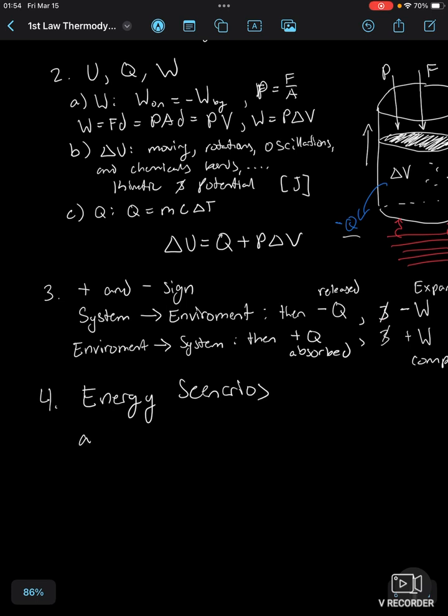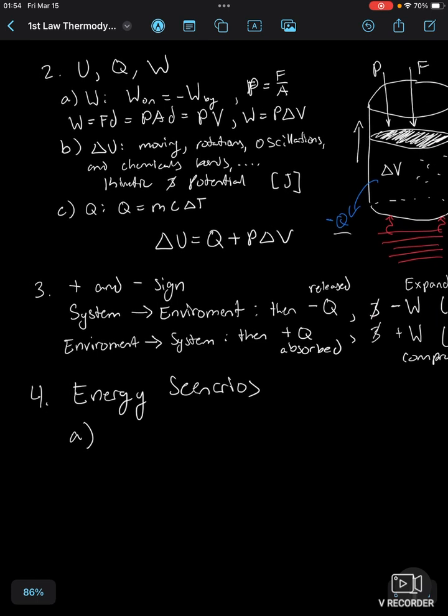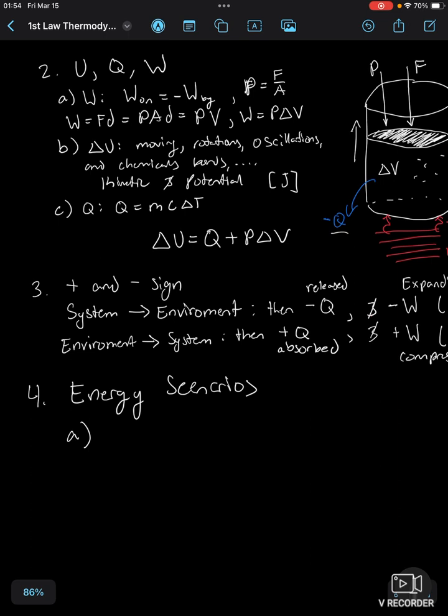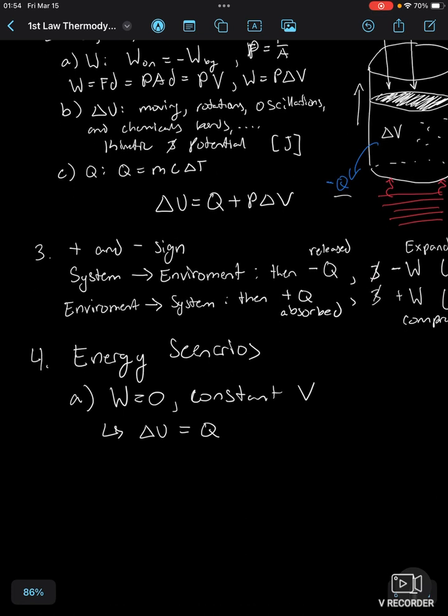So first case, let's look at what happens if the work is equal to 0, aka we have a constant volume. So V is constant. Well, then that would mean that the change in internal energy is equal to the heat. Again, whether it is leaving or entering the system depends on the problem you're looking at.